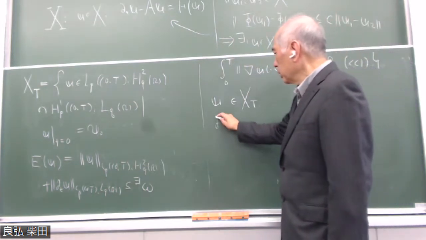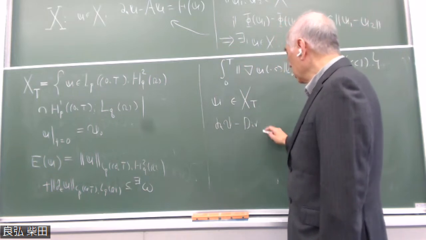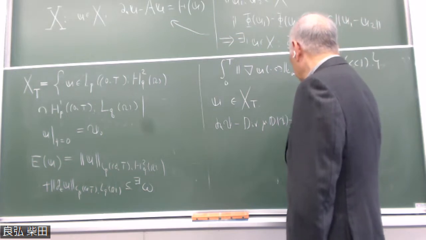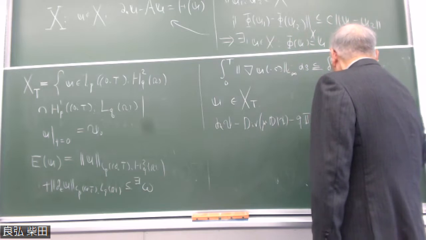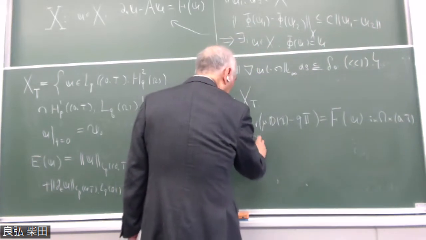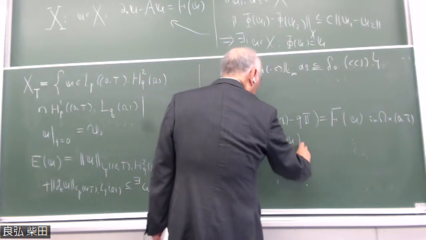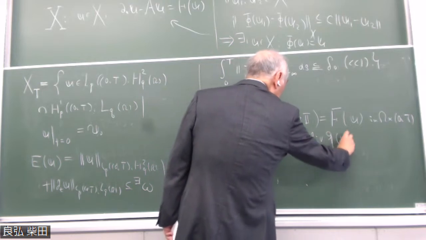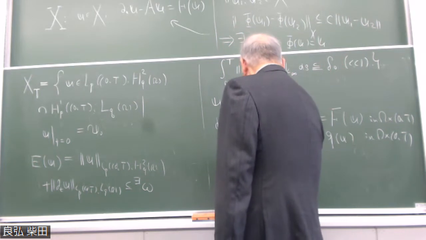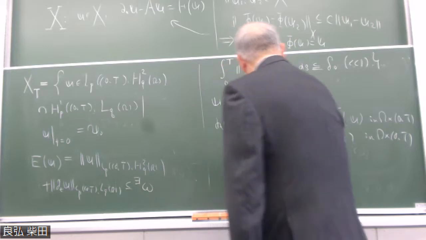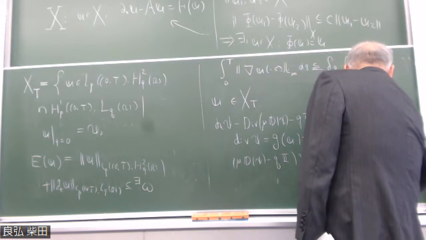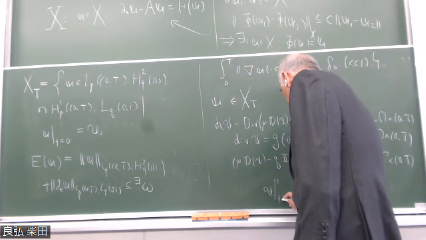Then our equation is d_t v minus div of (b minus q i) equal to f(u) in Omega cross (0,T), and the divergence v is equal to g(u) equal to div of bold u in Omega cross (0,T), and the boundary condition (b minus q i) n is equal to h(u) on Gamma, and the initial data v at t equals 0 is equal to v0.